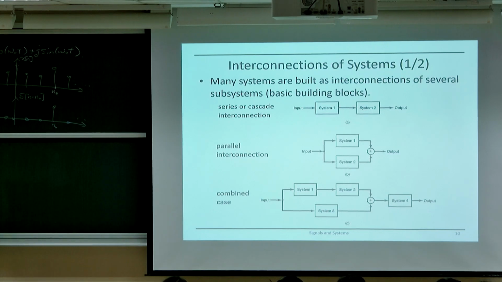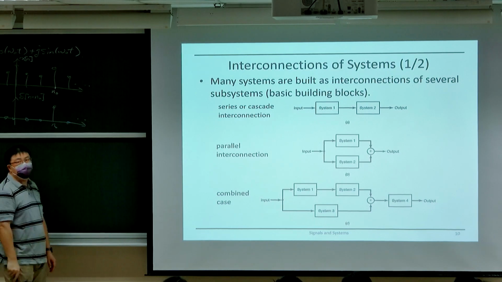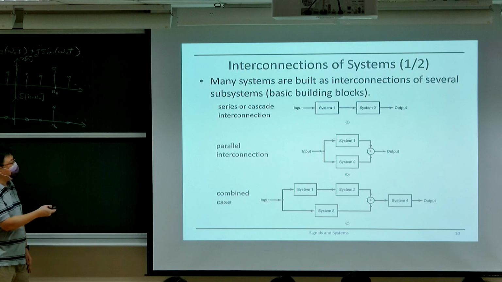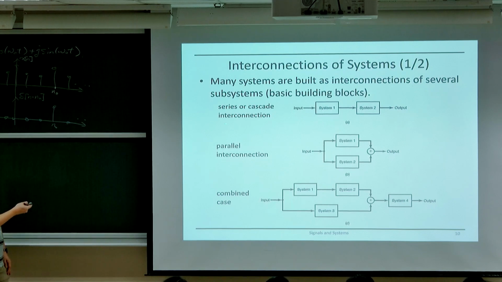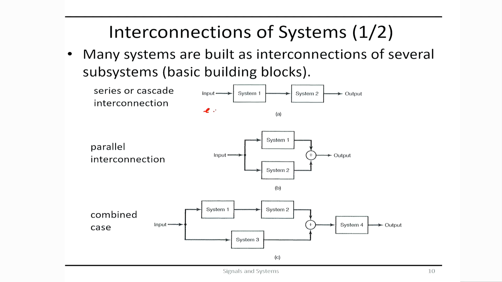So it shouldn't be too difficult to imagine what these things would look like, right? For example, for a system with series interconnection, this could be something like the microphone system we talked about previously.